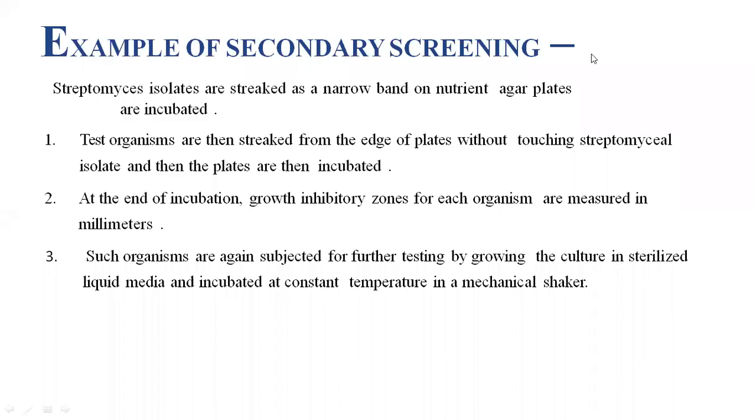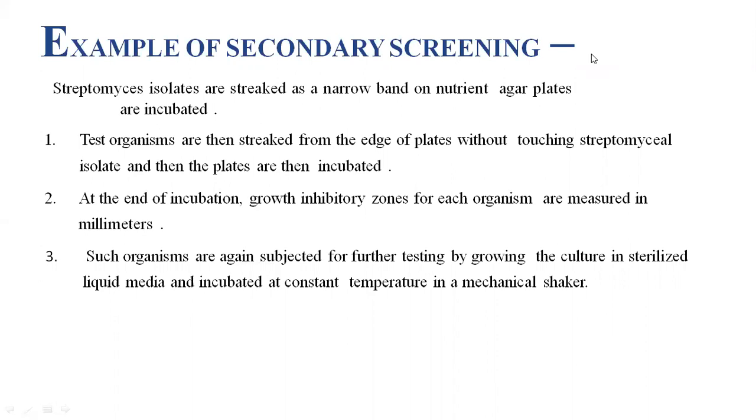Okay, so this is an example of secondary screening. Streptomyces isolates are streaked as a narrow band on nutrient agar plates and incubated. Test organisms are then streaked from the edge of the plates without touching the Streptomyces isolate, and then the plates are incubated. At the end of incubation, the growth inhibitory zone for each organism is measured in millimeters.